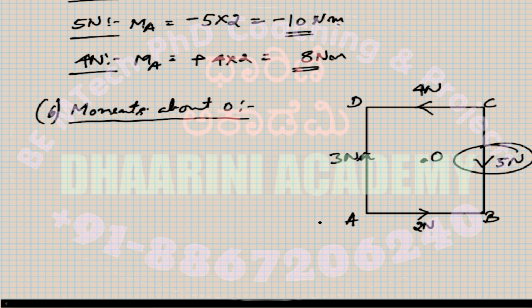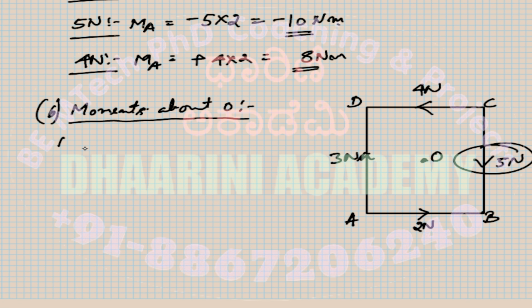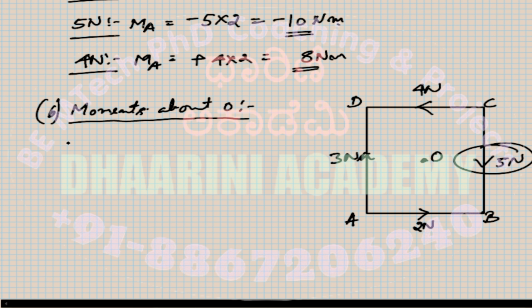Right, now I need to find the distance of each of the forces from O itself. Let's start with the 2 Newton force. For the 2 Newton force, the moment about O is equal to, what is the magnitude of the force?